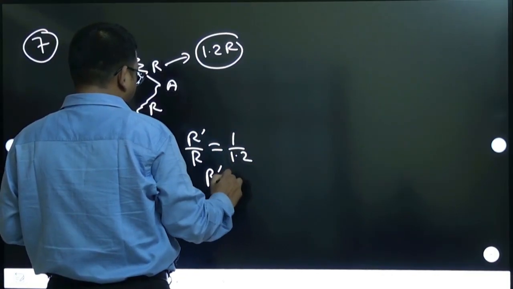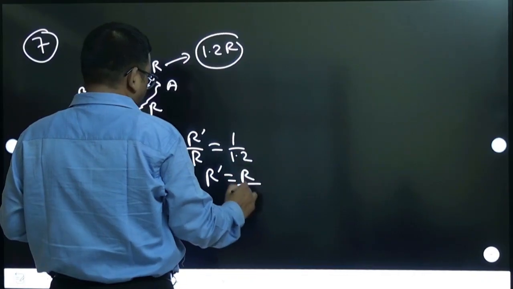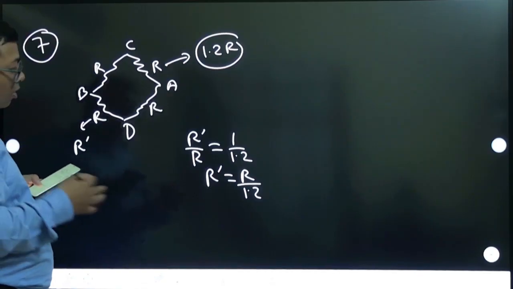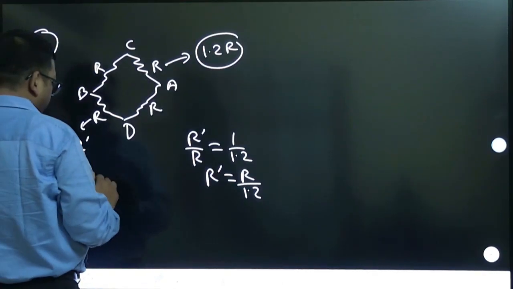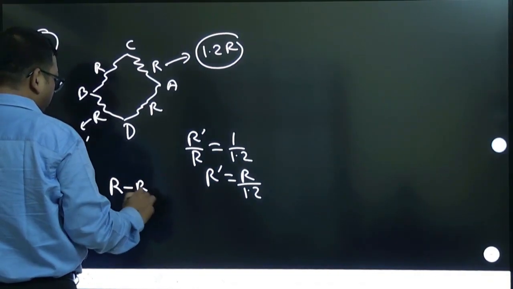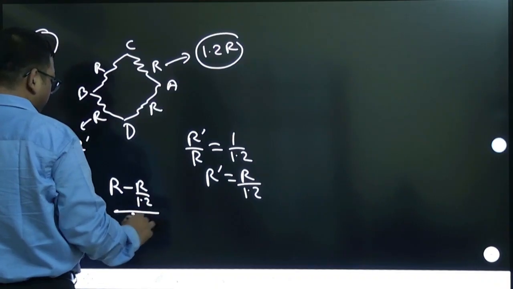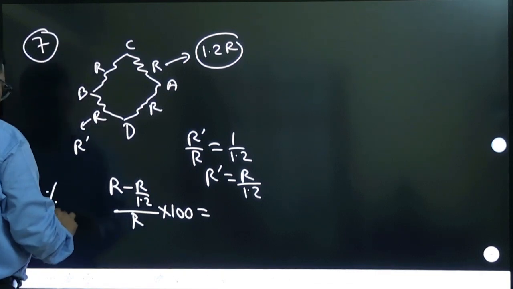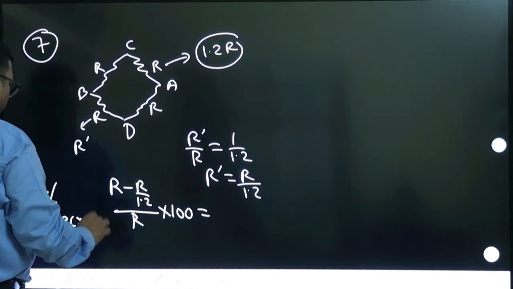So R dash should become R by 1.2. Definitely it must decrease. Now how much does it decrease? So the decrease that has happened here is from R to R by 1.2, divided by R, into 100. Calculate this. This is the percentage decrease. Percentage decrease you can calculate.